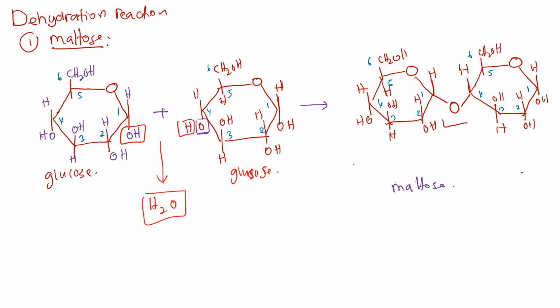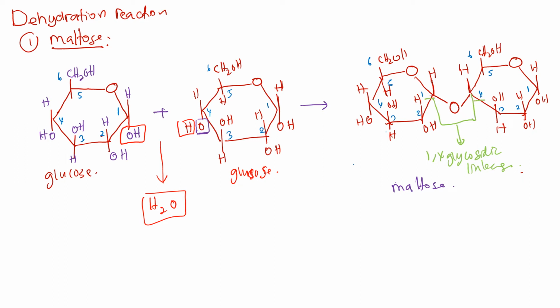This is a covalent bond that forms between the glucose molecules, and we call this covalent bond a 1,4 glycosidic linkage, because it links carbon number 1 and carbon number 4.